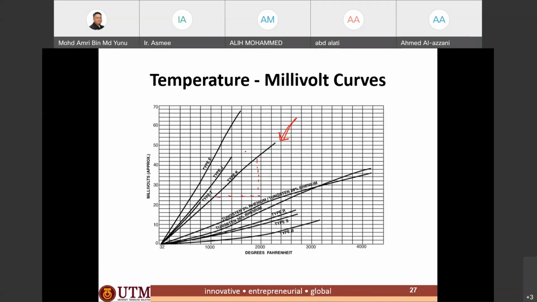Type E has the highest sensitivity, but its maximum measurable temperature is around 1000, I think below 1600 degrees Fahrenheit.